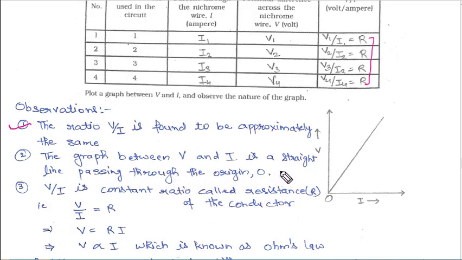How can we find that? I am giving you some imaginary values. Okay, they have given you that each cell is of 1.5 volts. Suppose our readings are 1, 2, 3 and 4. So this is 1.5, 3, 4.5 and 6.